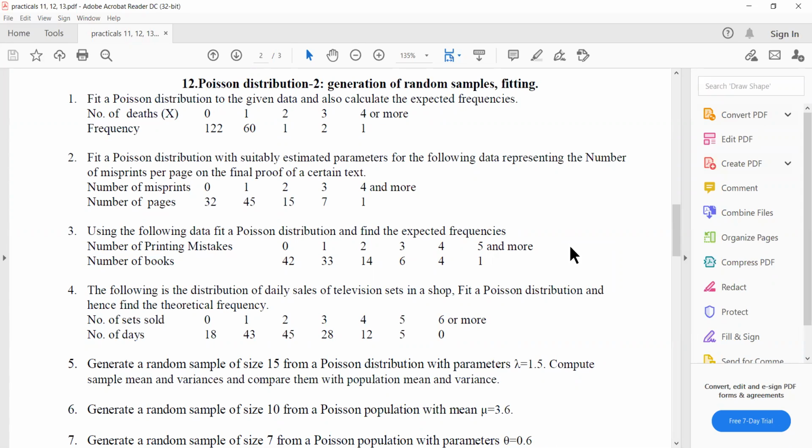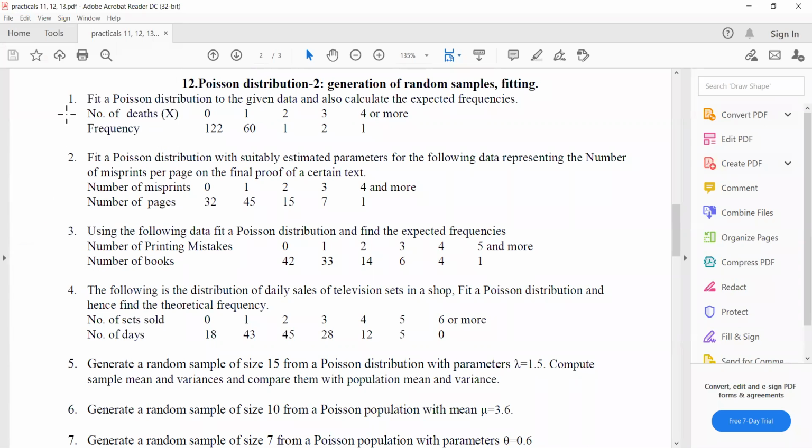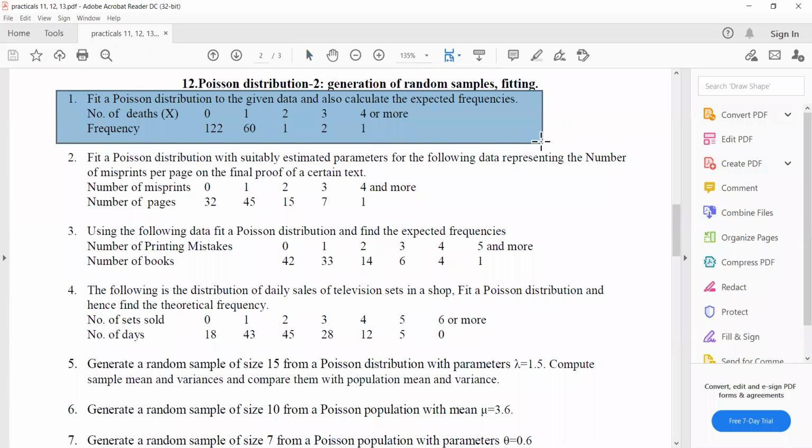If the lambda is computed from the data, then using that lambda, you have to compute all the probabilities. Once you extract all the probabilities, you have to compute the frequencies, where the expected frequency is equal to n into P, where n is the total frequency. Okay, so we'll take the first question.